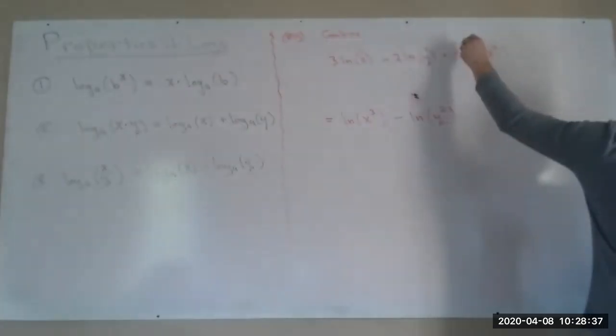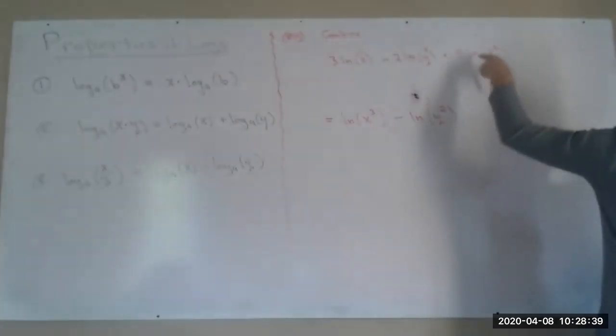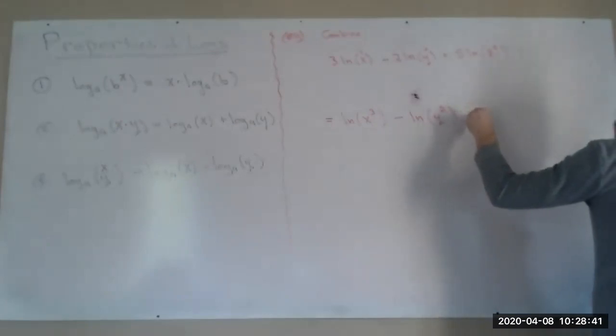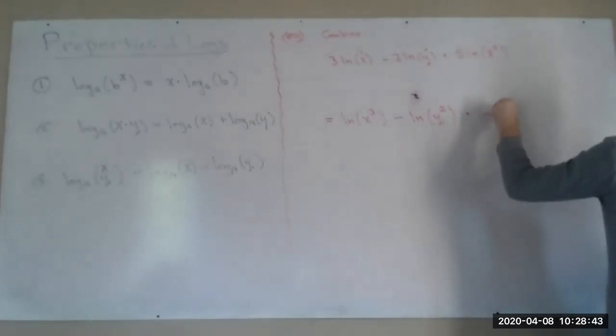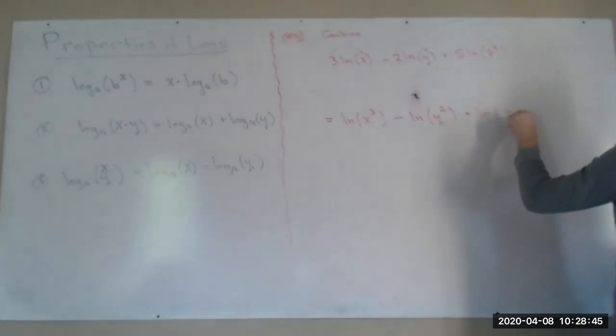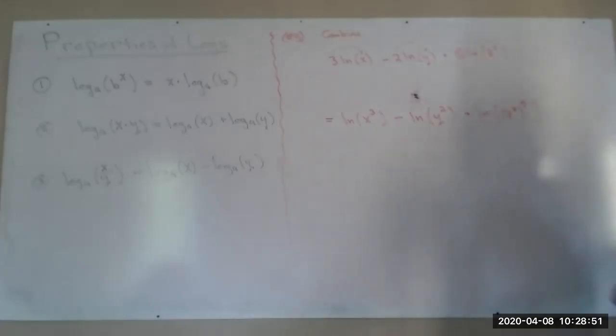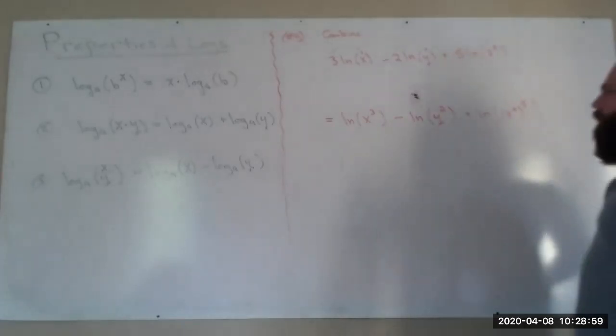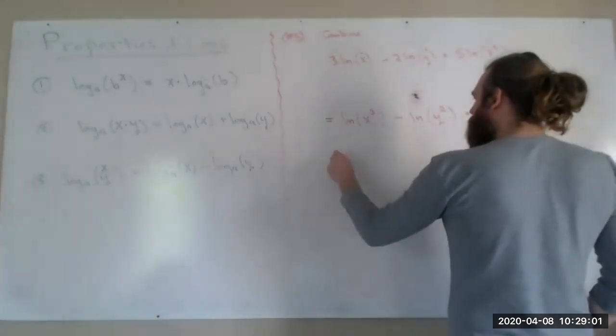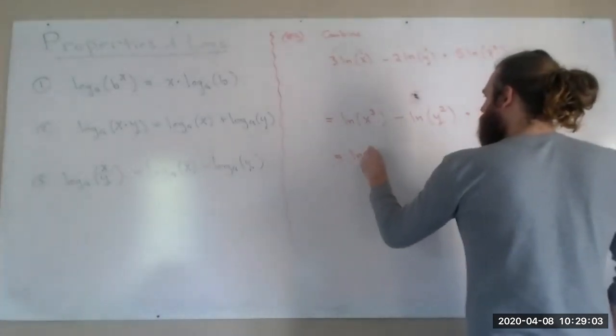And the same thing here with this 5, but here I need to be a little bit careful. This will be the ln of z squared raised to the 5th. So if I take z squared and I raise that to the 5th power, that's the same as z raised to the 10th power. So I know it might feel silly, but I'm going to give that its own line.